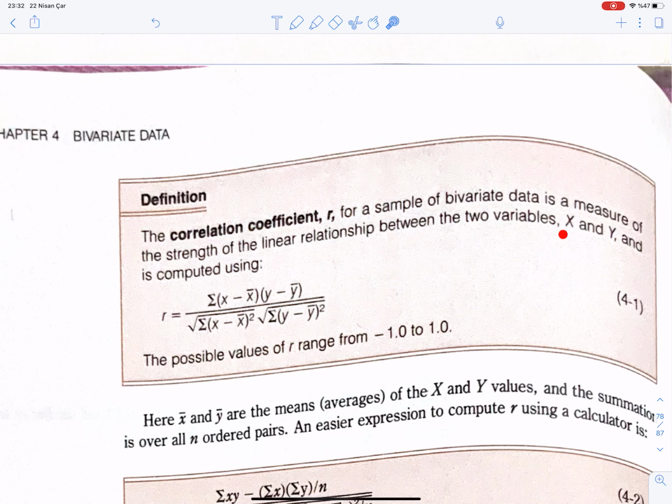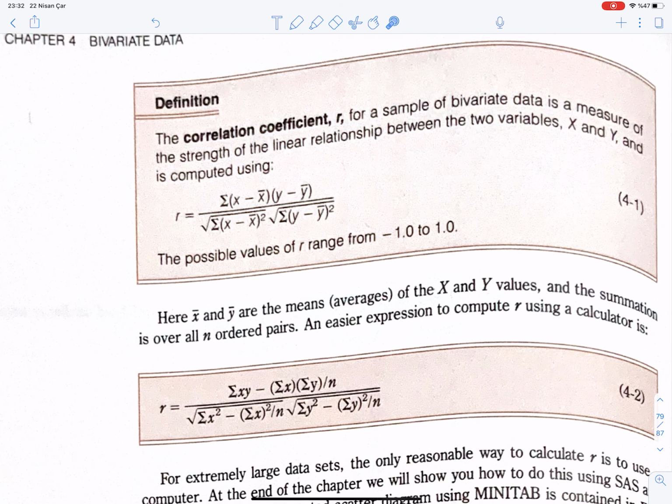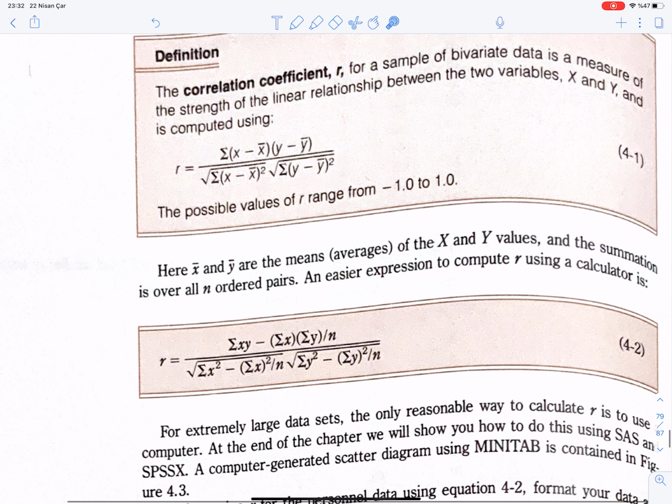This is the computation of the correlation coefficient. It ranges from -1 to 1. You can never get a correlation less than -1, or exceed 1. And possibly you can observe a correlation of 0, which is not normal in practice. We always think that there is mostly some correlation.